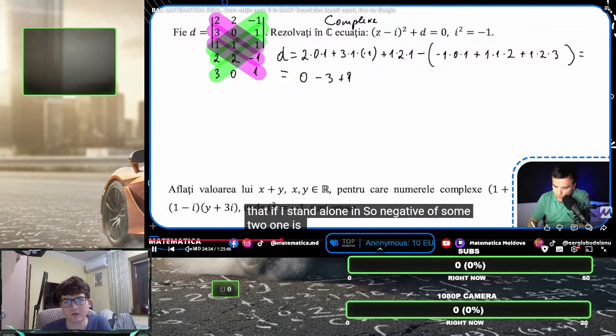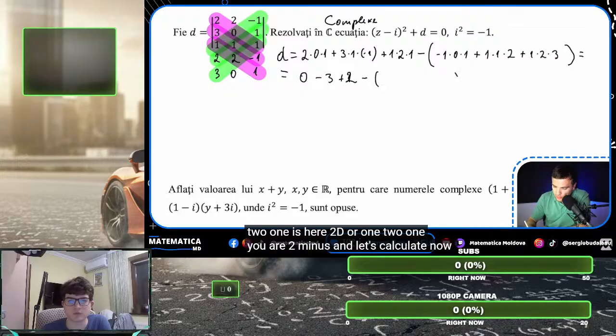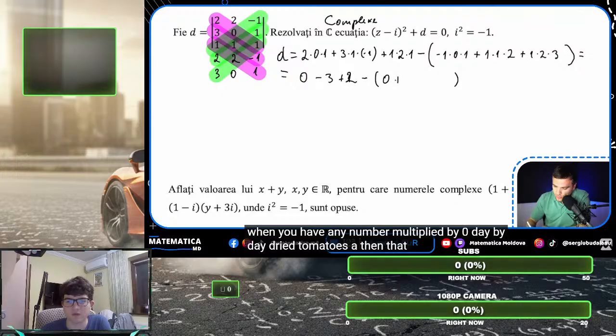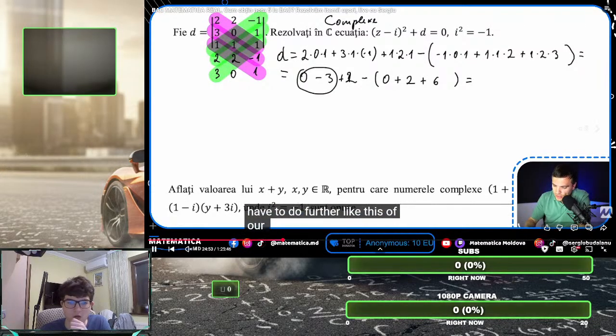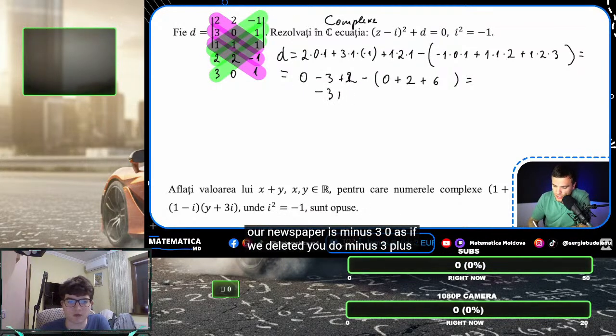Right, 0 minus 3, 2 there, minus, put a parenthesis because of the sign change on everything. 0, now there you go, plus 2, plus 6, now 0, 0, I don't care about that.